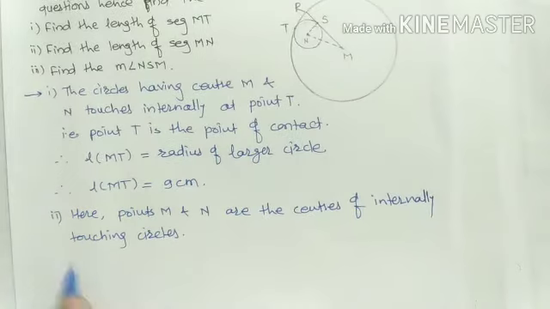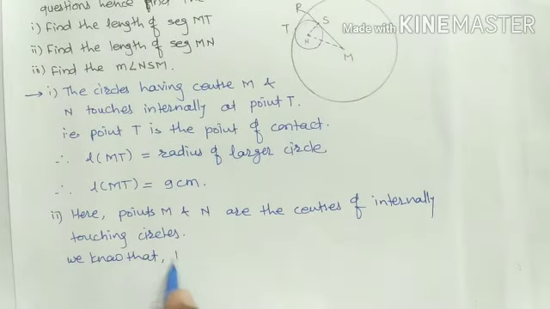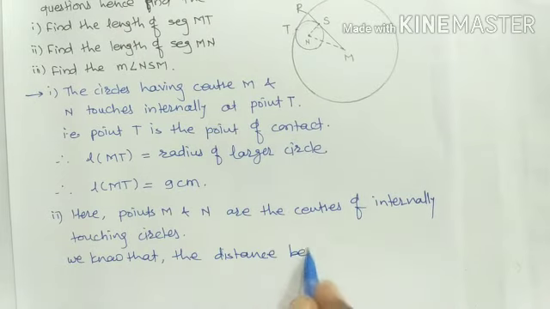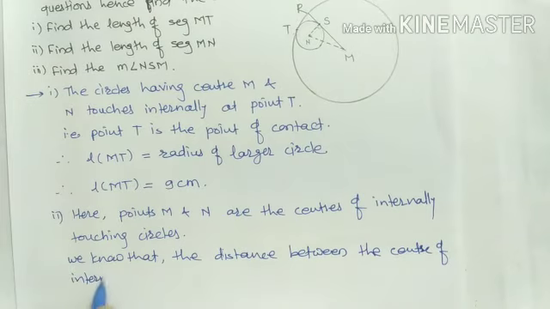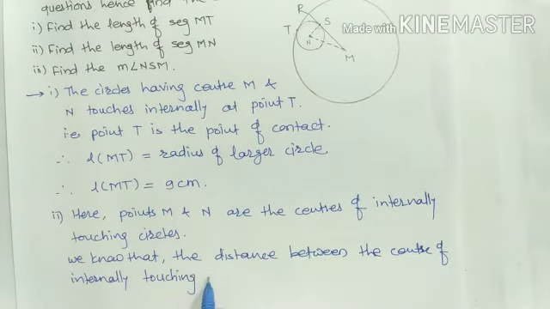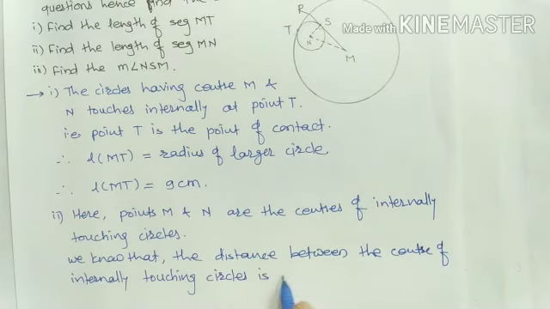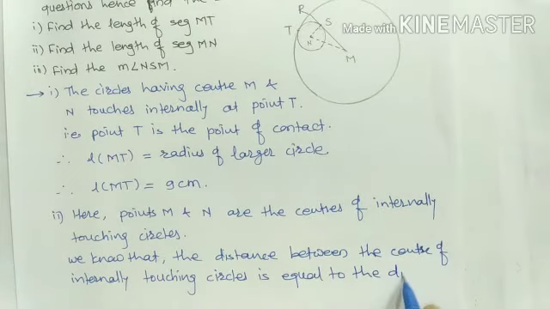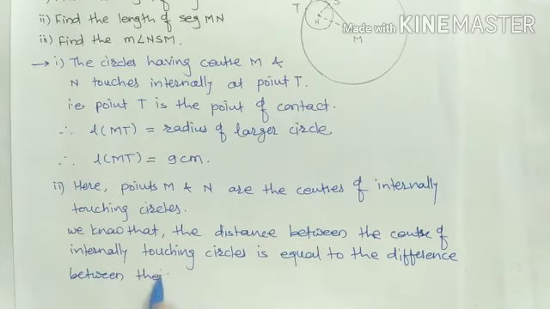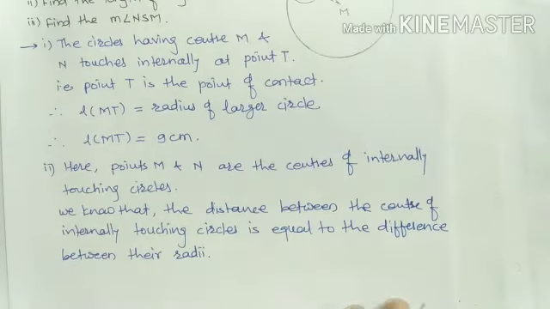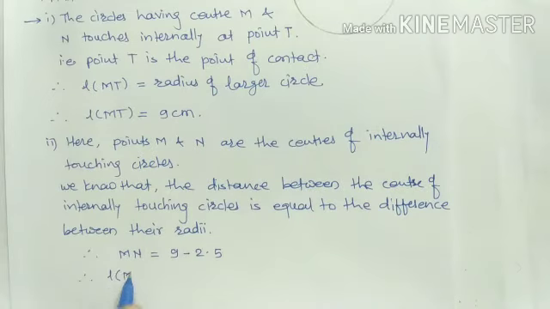And we know that the distance between the centers of internally touching circles is equal to the difference between the radii, and therefore MN equals 9 minus 2.5, and therefore length of MN equals 6.5 centimeter.